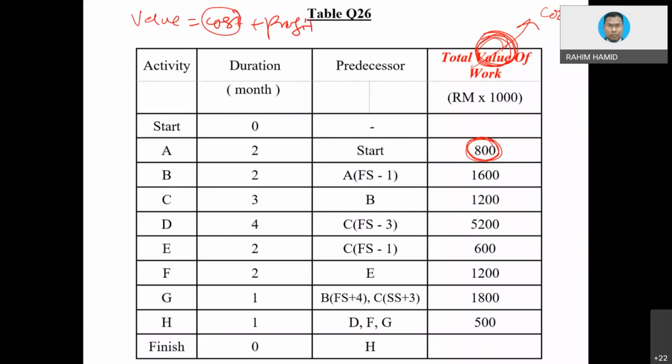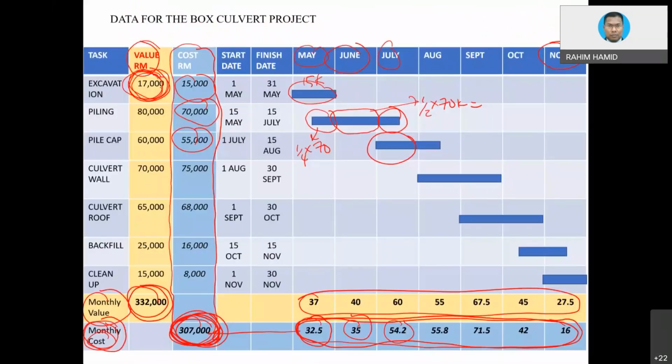What you need to do is get the value. How to get the value is whatever cost is given plus the profit, then that is the value. So basically you need both value and cost, as in our example previously. We always have the value and the cost, so those things must be established first.